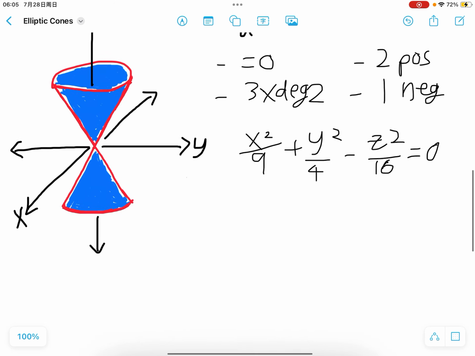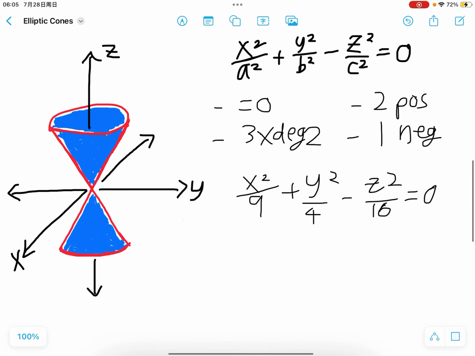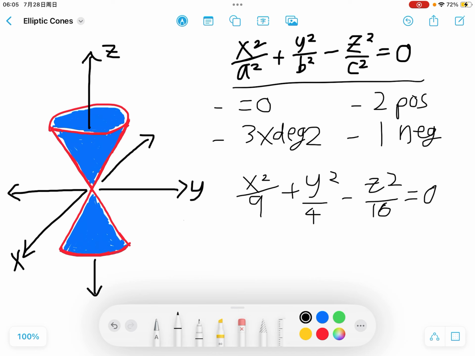Before the graphing, I'm going to explain a little bit about why this equation produces an elliptic cone, because that's an interesting theory. If I let z be 0, I get a point, right? And if I let z be any other value, so if this term here is -1, then if I move this to the other side, we get this thing equal to 1.